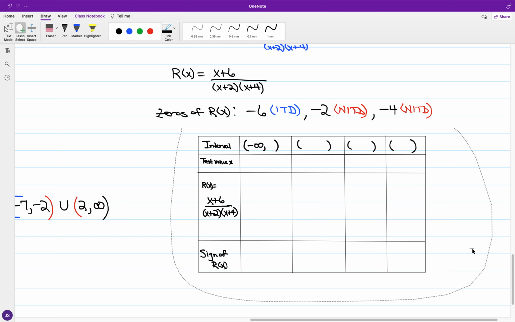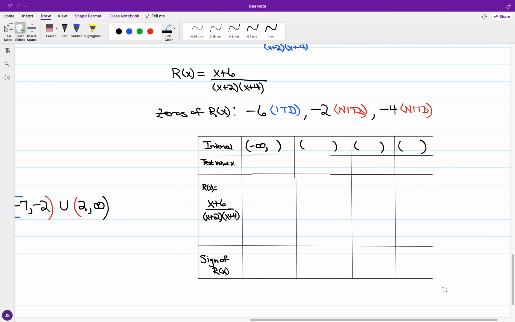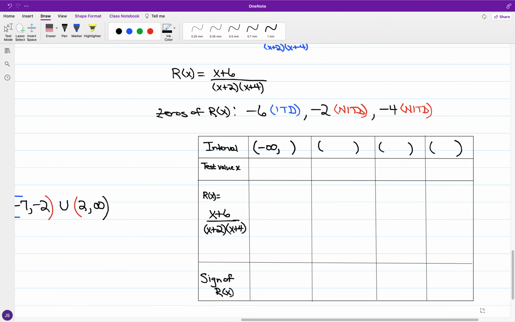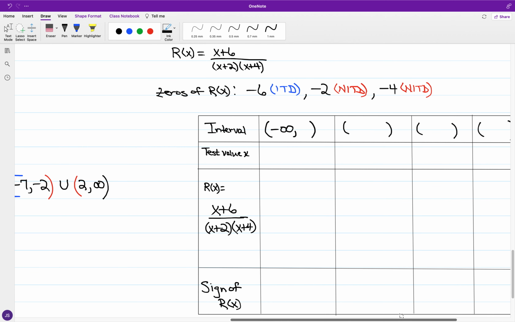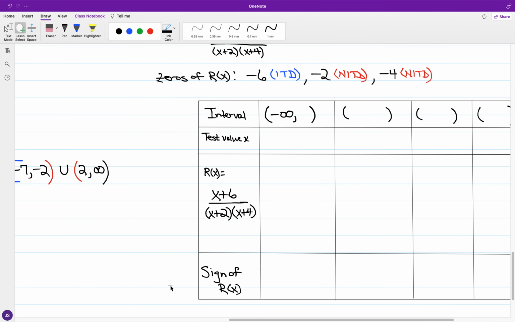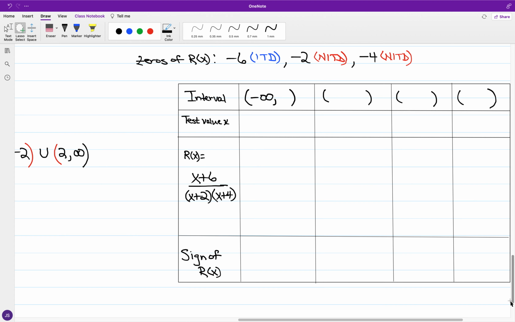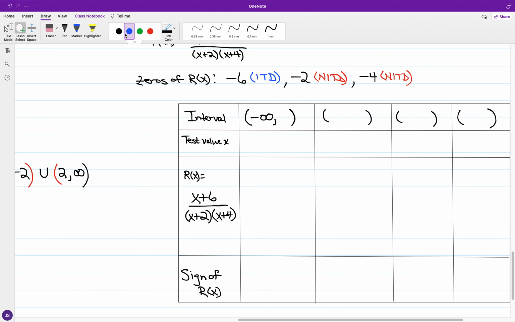So we have 3 distinct zeros: negative 6, negative 2, and negative 4. If I start with the smallest amounts, we're looking at going from negative infinity to negative 6. Bypassing negative 6, approaching the next smallest zero, which will be negative 4.